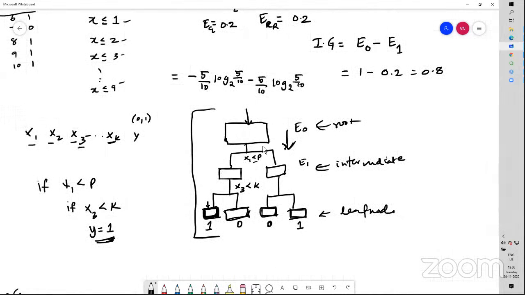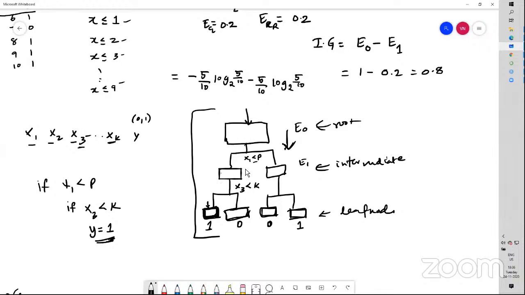So if this root node is split using x1 and we got a left hand child and a right hand child, let's say on the right hand child, when we try to split it further with any of the other variables that we have, we are not able to decrease this entropy any further. So then it stops here. This becomes our leaf node.